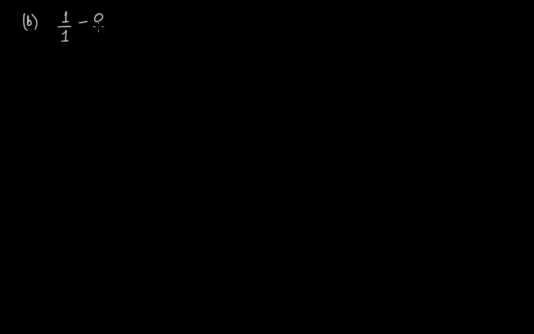This is 1 by 1 minus 0. A quick way would be to look at it as 1 by 1. So 1 by 1 means what? 1 divided by 1 means 1. So 1 minus 0, what does that mean? 1.